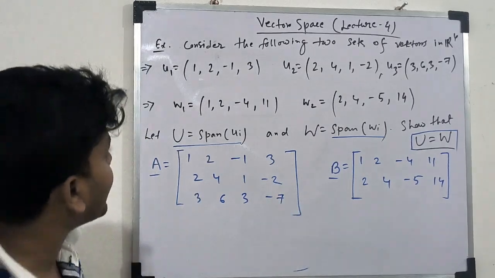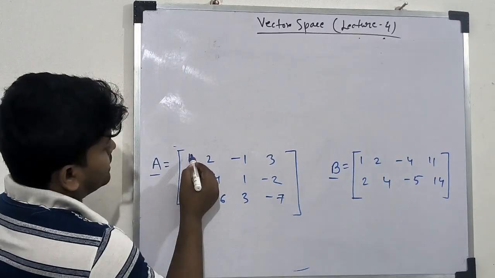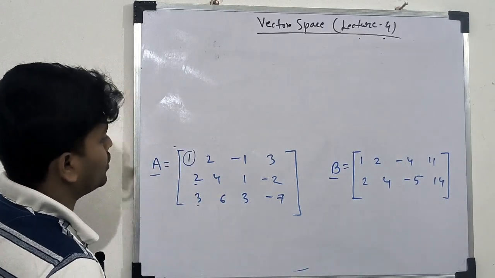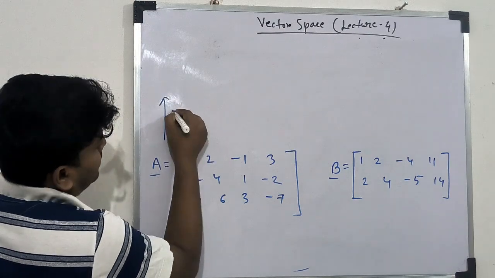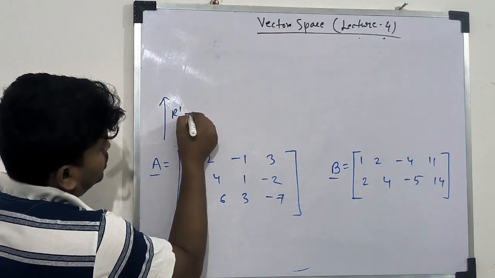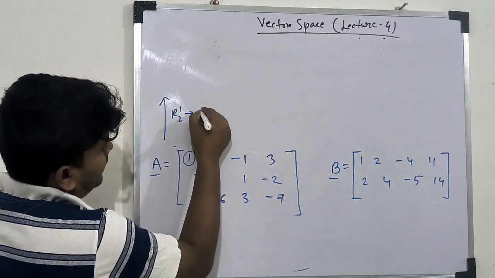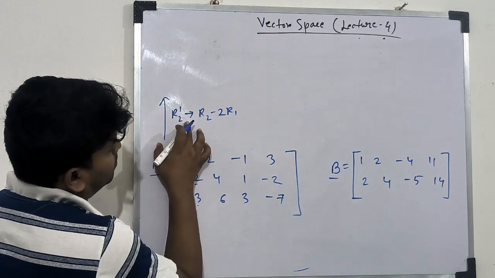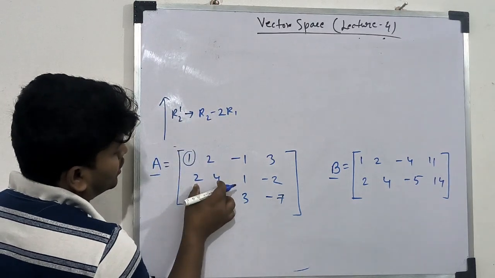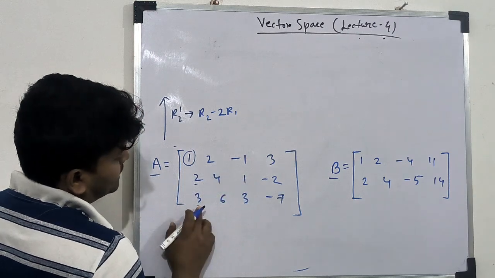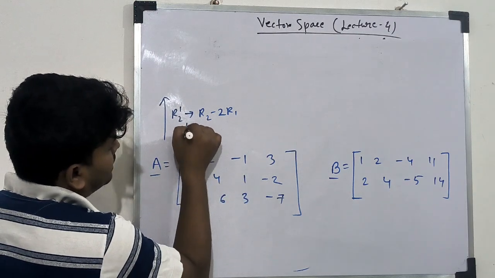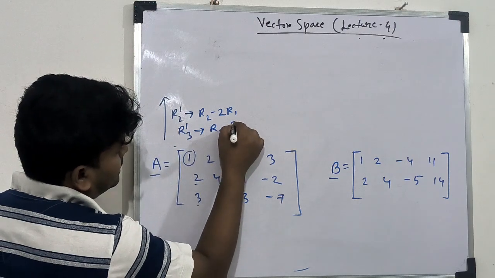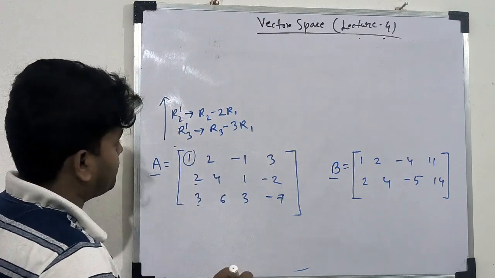So let us find it. First, this is a pivotal element, so we have to make the entries below it 0. We change R2 to R2 minus 2R1, and similarly for R3, the new R3 becomes R3 minus 3R1.